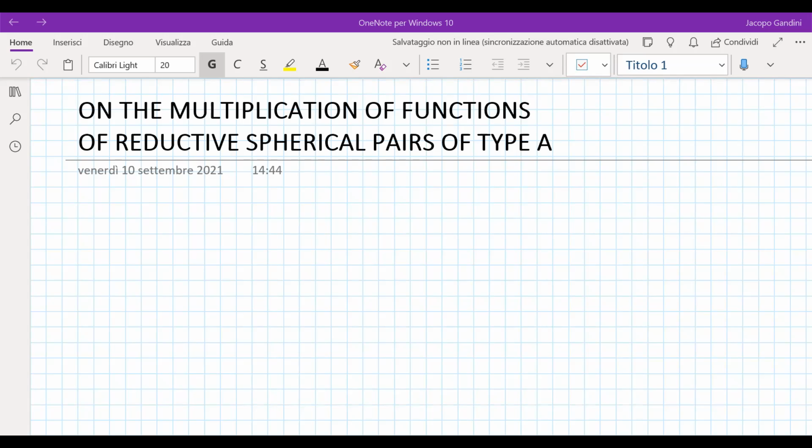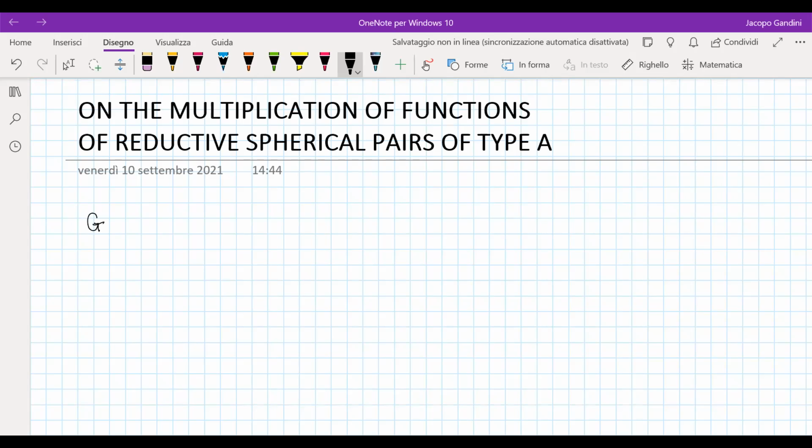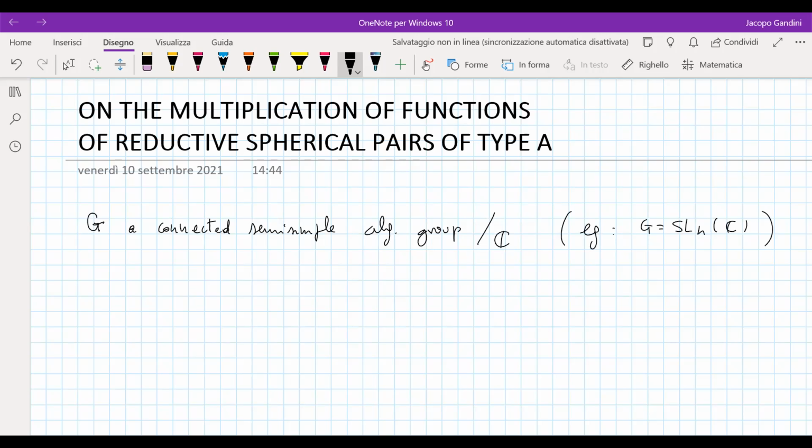So we start with G, which is a connected semisimple algebraic group over C. This is a representation theory seminar, so this should be fine. We can take, of course, SL_n(C). In the examples, I will stick to SL_n and some of its subgroups.